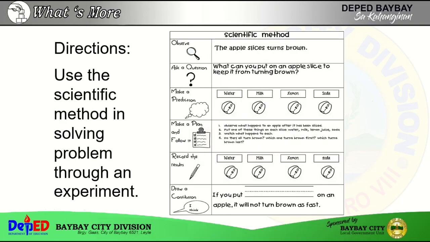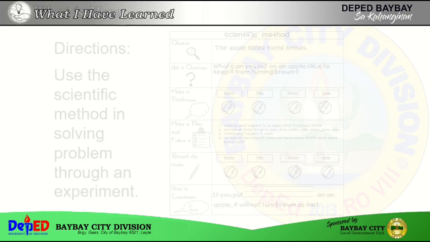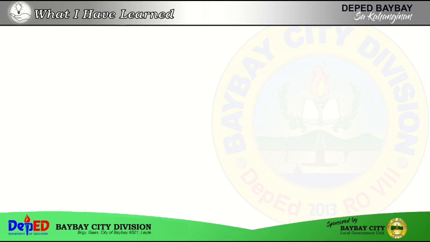You can see a picture showing the scientific method. Read and understand the picture. Then, answer the questions in your answer sheet. You must answer this on your own. Now, let's process what you have learned from today's lesson.